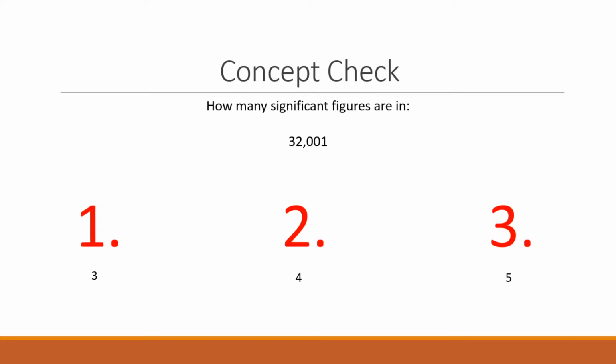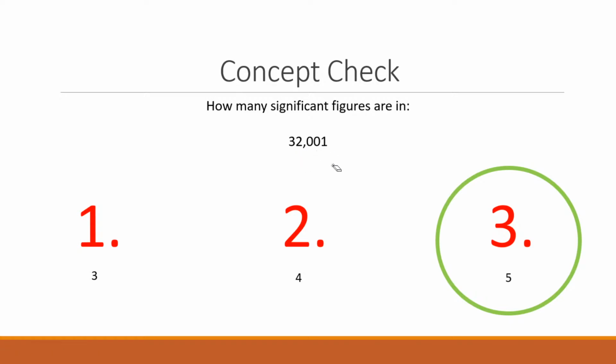So for this question, the answer is 5. We have 5 different significant figures, 5 different measured numbers. These zeros are captive zeros. They are stuck in between. There's no way for me to measure how many thousands there are and how many singles there are without passing through the tens and the hundreds spot.